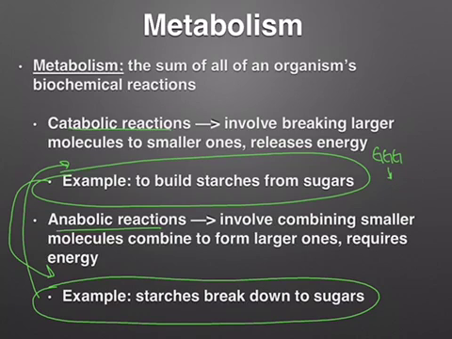The catabolic reaction breaks them apart into individual sugars, and anabolic is the exact opposite. You have your 3 sugars that are individual, and they will bond together to form one big molecule or one big starch.